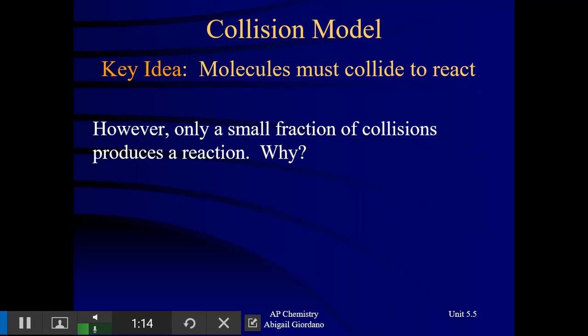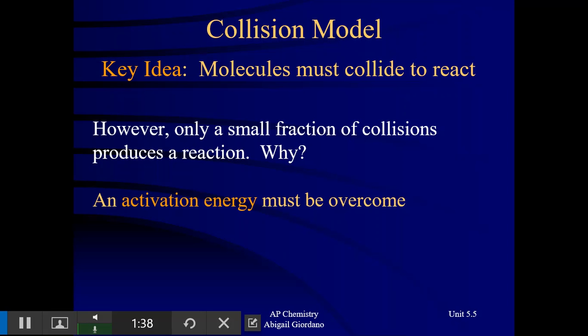However, just making a collision isn't enough. We're only going to see some of those collisions produce a reaction. And why is that? Because a certain amount of energy is required in that collision, and that energy has a name. It's called the activation energy. I'm just going to make up a number.